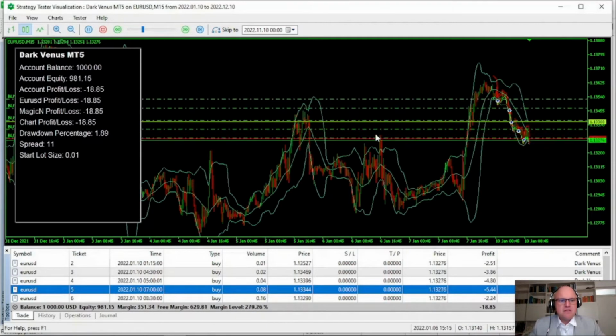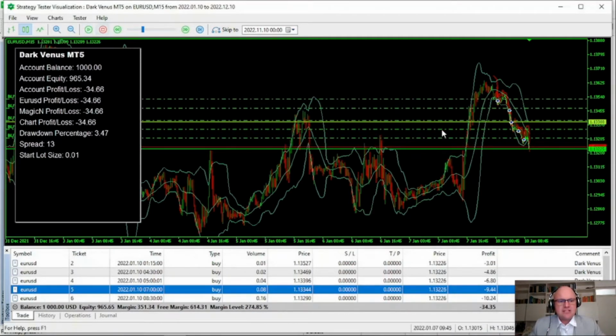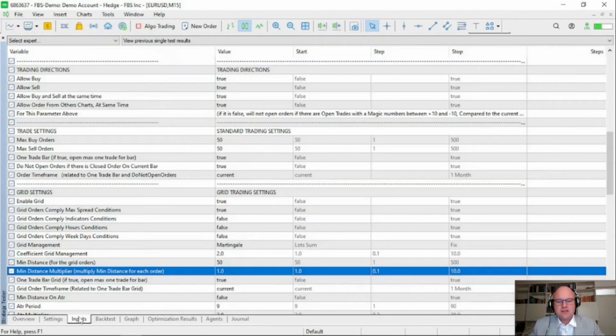By doing this, because of the distance between the grids, the grid will place very large lot sizes very quickly, meaning even in this small run against us, we are already placing very large lots, up to 0.16.